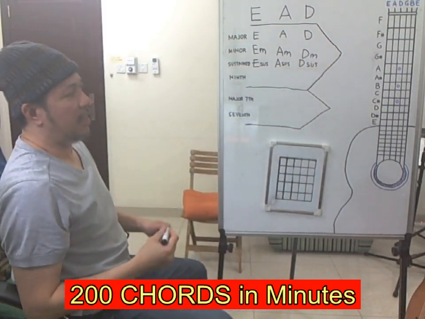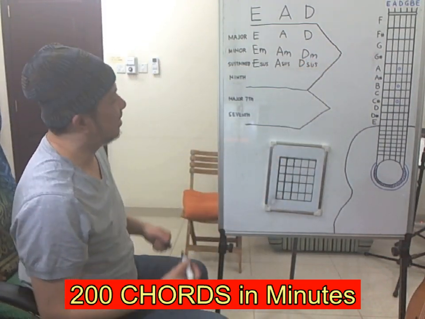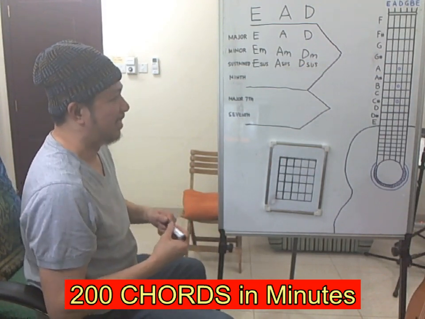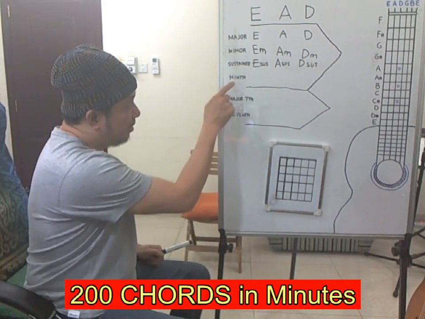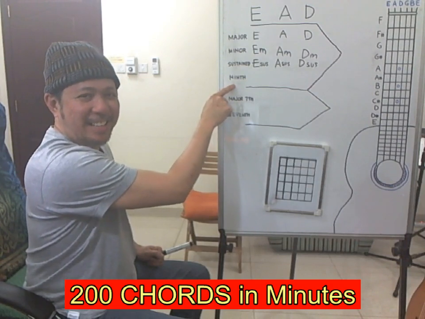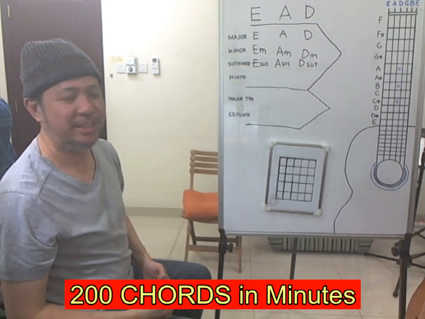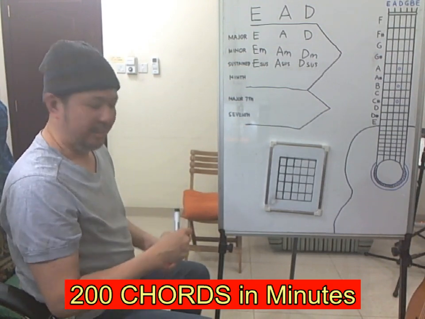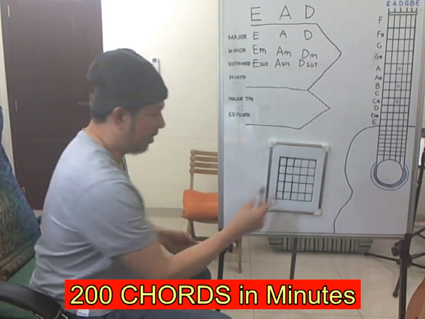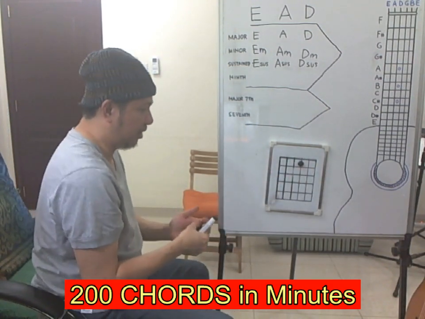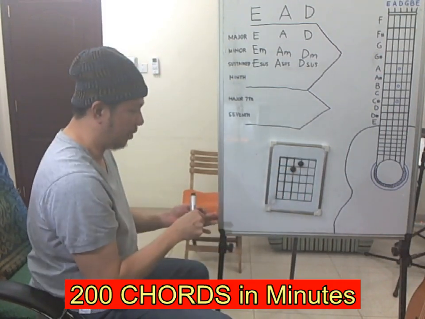Okay, nakakailan na tayo? 9 chords. So far, 9 chords. Okay, so 9th naman tayo. Ito naman tayo sa grupo ng 9 chords. Again, reset tayo doon sa major bago ko explain sa inyo.